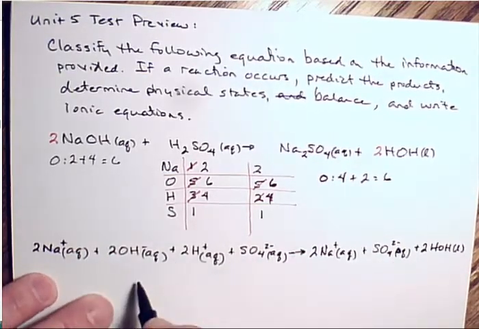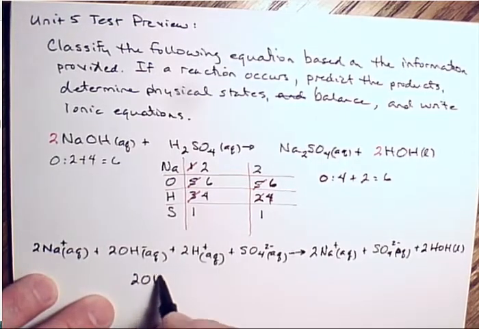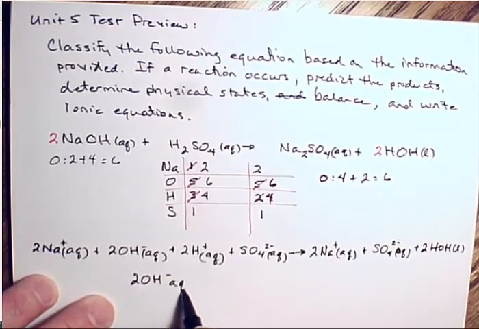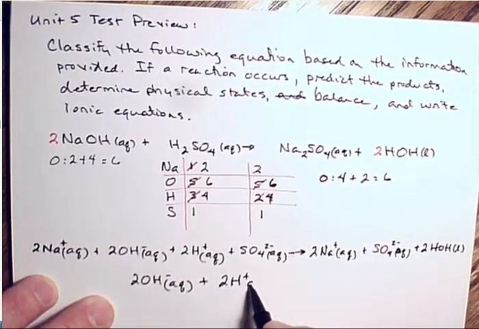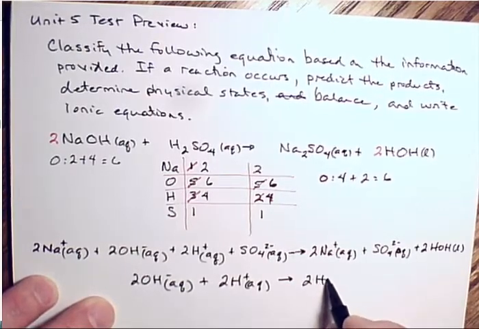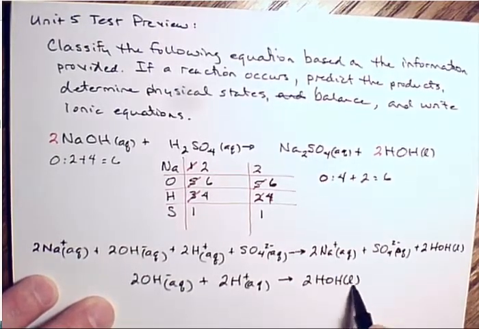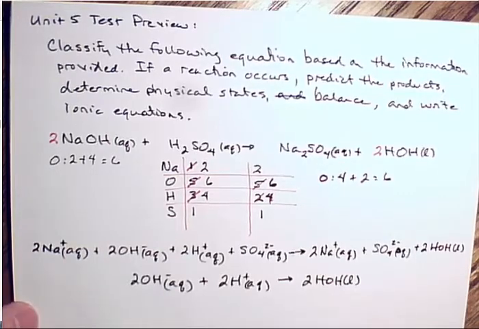So the only things we keep are the hydroxide ion and the hydrogen ions and the water. Okay? You can write it as HOH or you can write it H2O. It doesn't really matter.